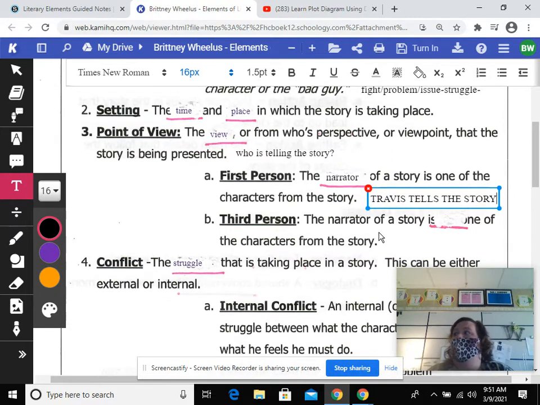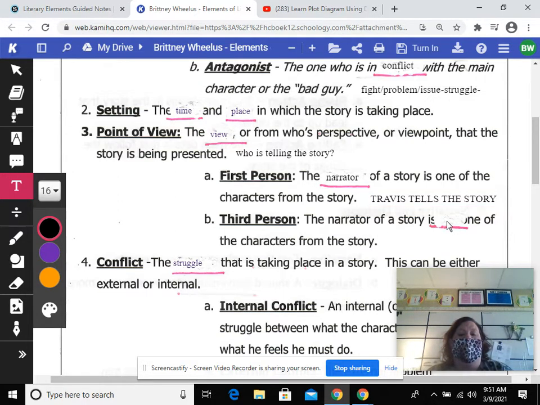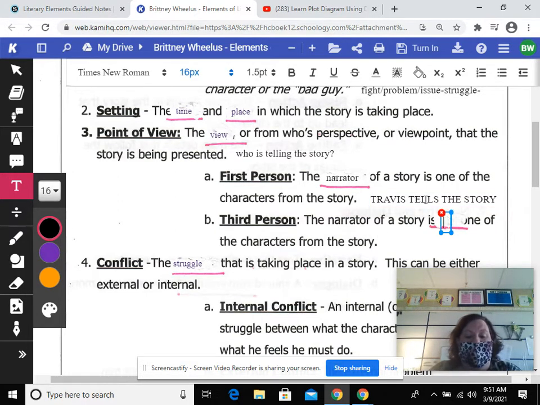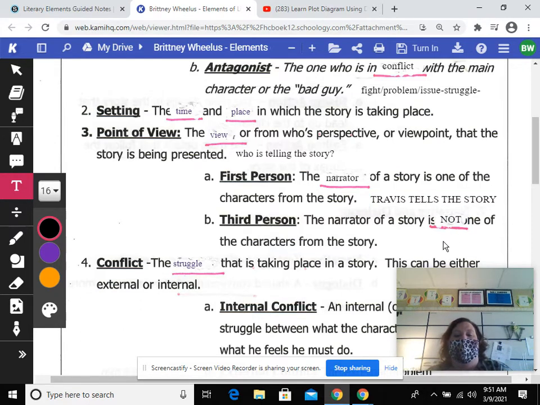You probably do need to know that. In third person, the narrator of the story is not one of the characters from the story.